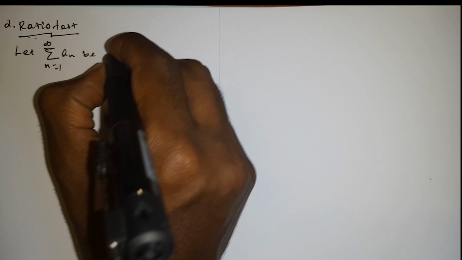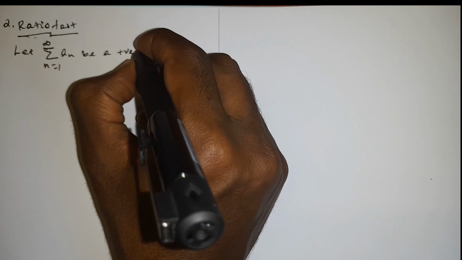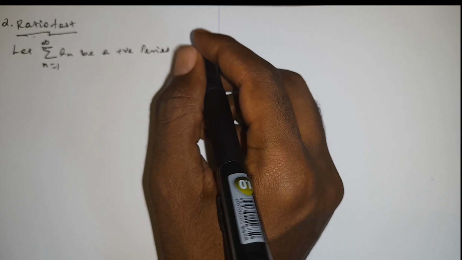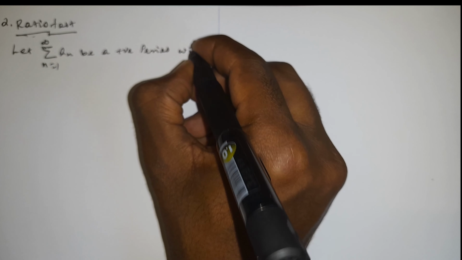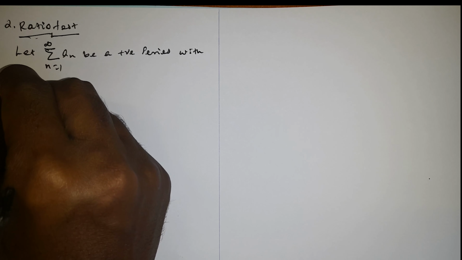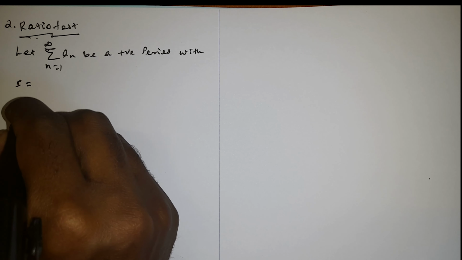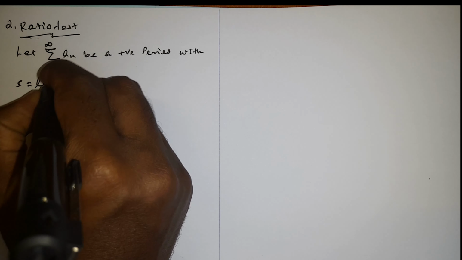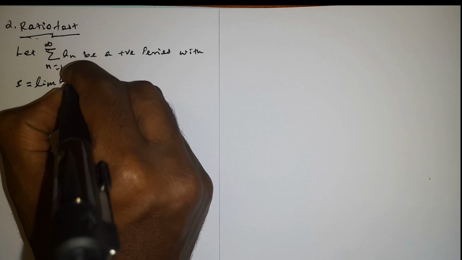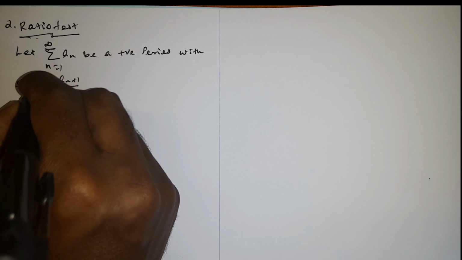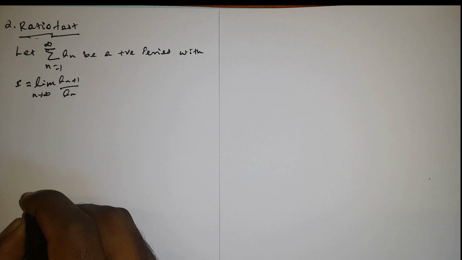Let summation as n runs from 1 to infinity of an be a positive series with r equal to the limit of an plus 1 over an as n approaches infinity.